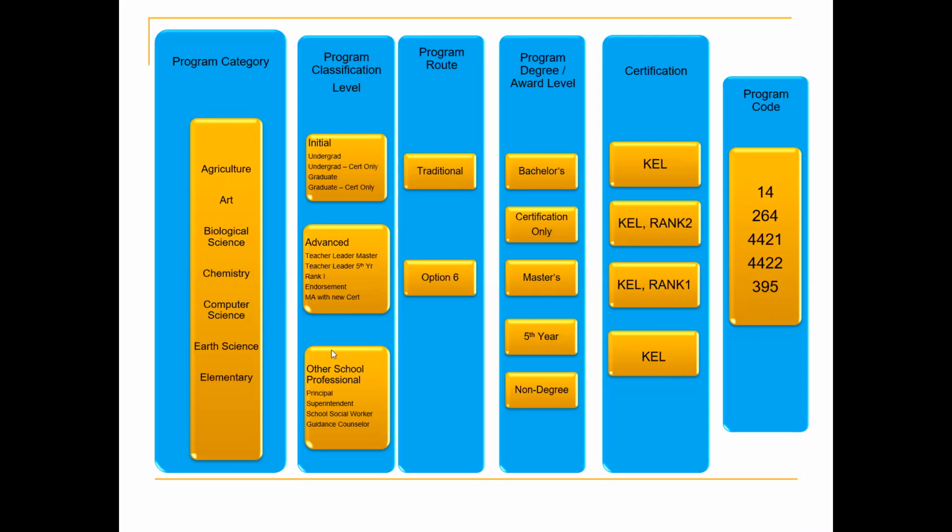We also have a category or classification called other school professionals. There are a variety of different routes that this program may be offered through. There's a traditional route and option 6. Those are the common ones. You may be offering a variety of degree or award levels. And then of course the end result should be a credential or certification for that student and candidate.